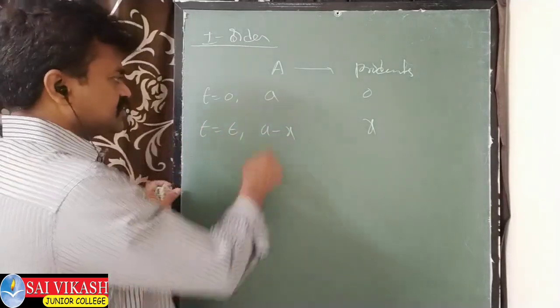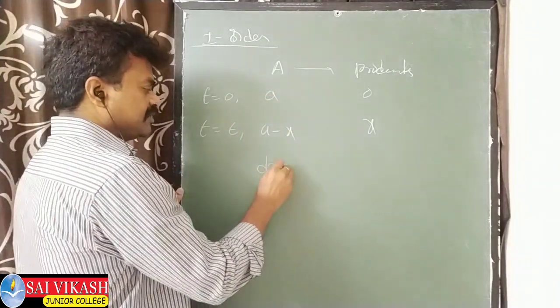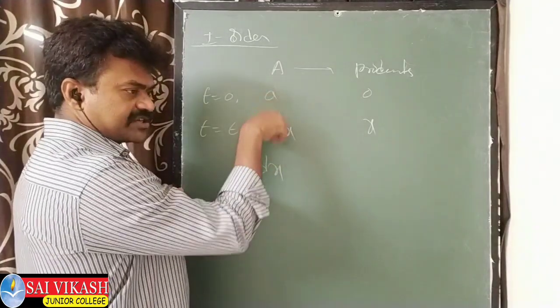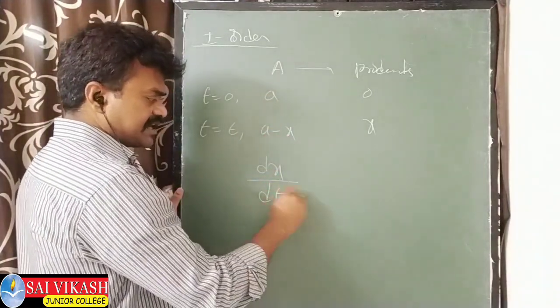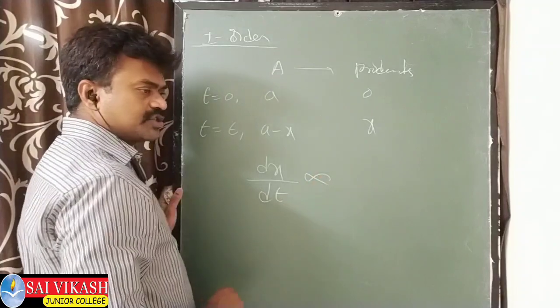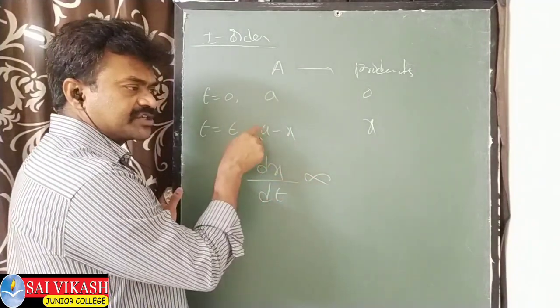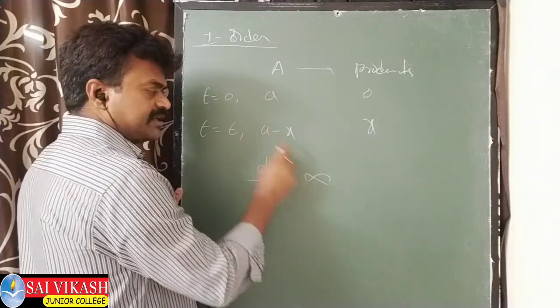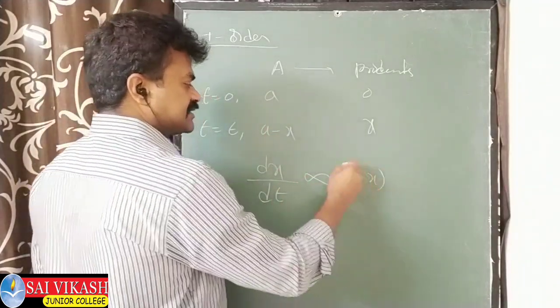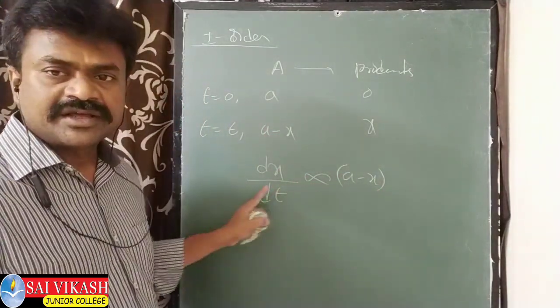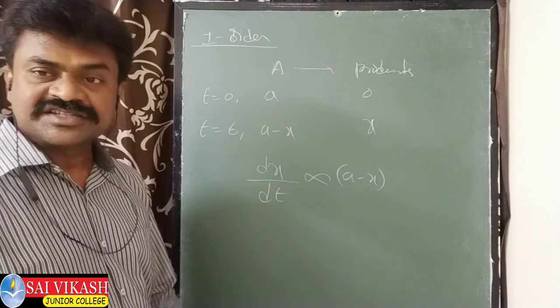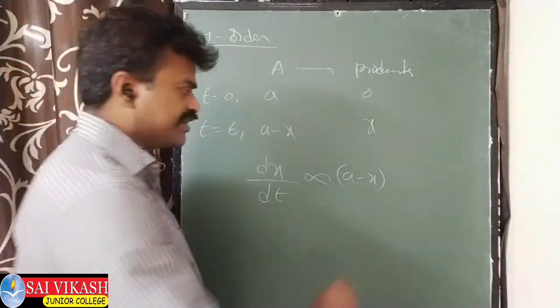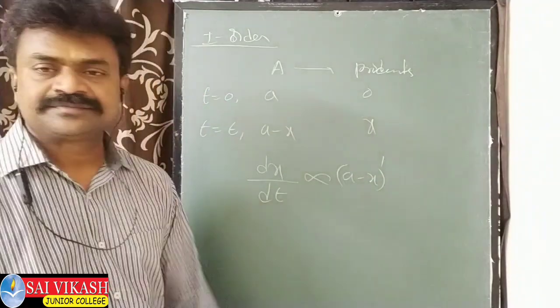It means the change in concentration, dx, by change in time is directly proportional to the molar concentration of the reactant present at time t. At time t, a minus x is there, so the rate will depend on this. This is the first order, so we have to take power 1 there.